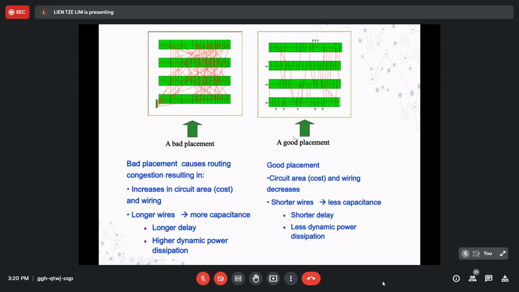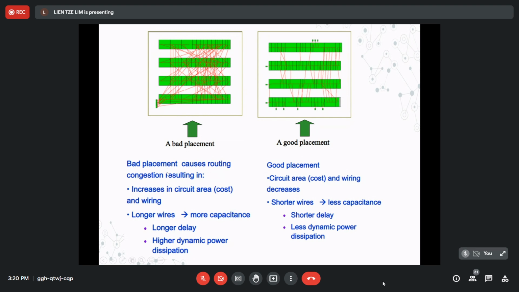For the good placement in the floor plan, the routes here, as you see, are minimized. The amount of signal routes used in the floor plan is reduced.